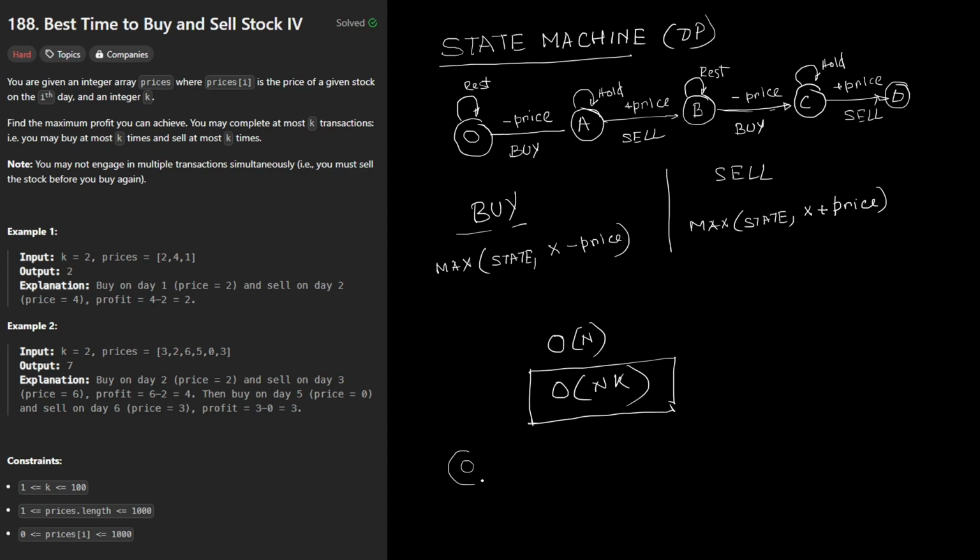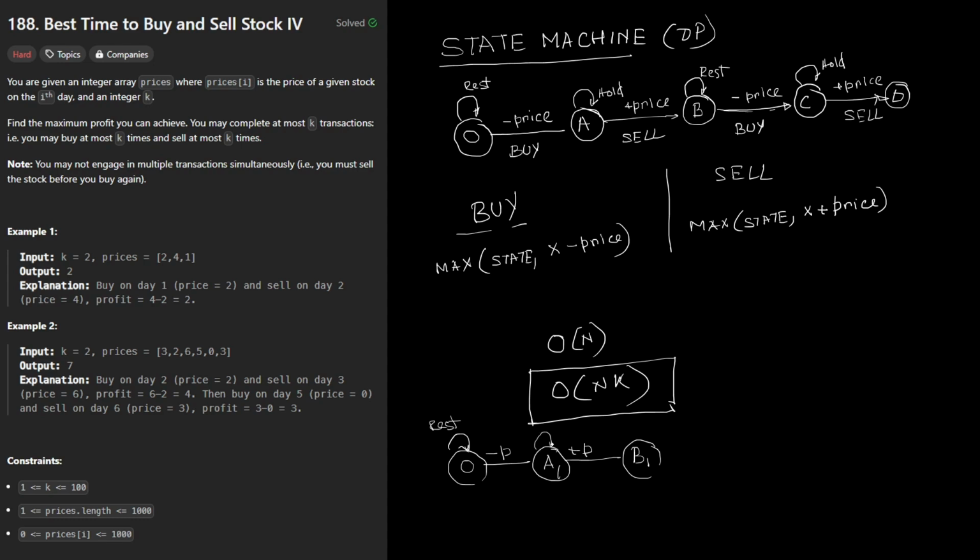here the transition state would be the same thing. From 0, we can rest, and from here we can buy, let's say A1 go to B1, minus price, plus price.